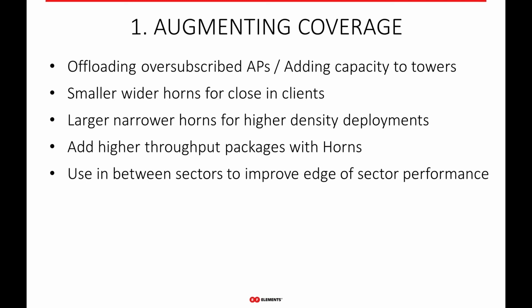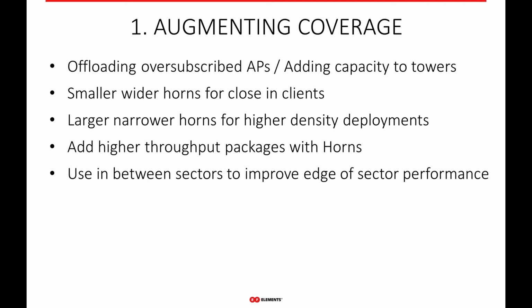Maybe you're just trying to add higher throughput packages for specific types of customers. Again, this is another methodology of augmented coverage with traditional sectors and horns on your networks that we'll go over. And then using horn antennas in between your sectors to improve the edge of sector performance.